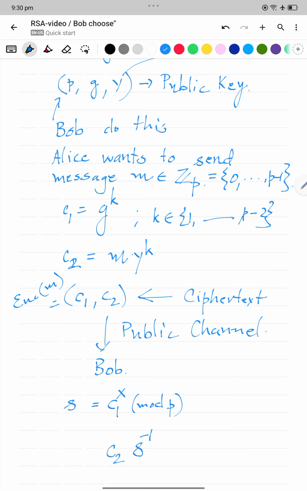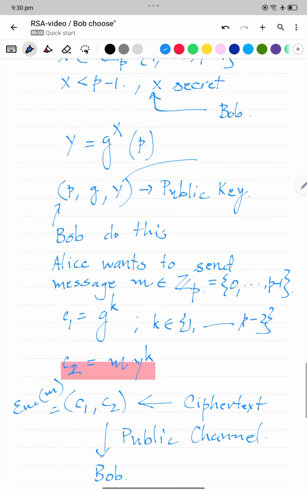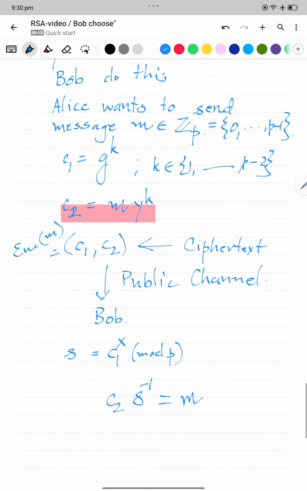But if you observe, what was C2? C2 is M times Y to the K. But what was Y? Y was G to the X. So this is M times G to the X to the K, which is G to the XK.